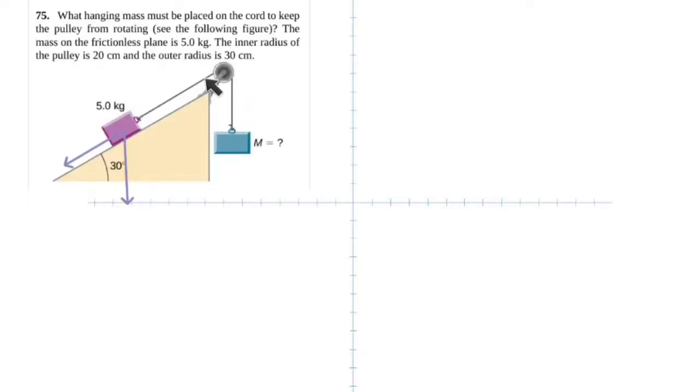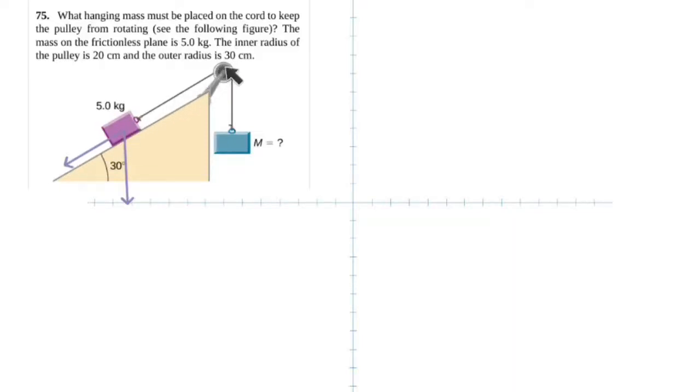And it says that the inner radius of the pulley is 20 and the outer radius is 30. Obviously this string passes over the inner radius while this one passes over the outer. And the weight of the object acts vertically down. It can be resolved into the component that is parallel to the inclined plane, which is going to be mg sine theta.